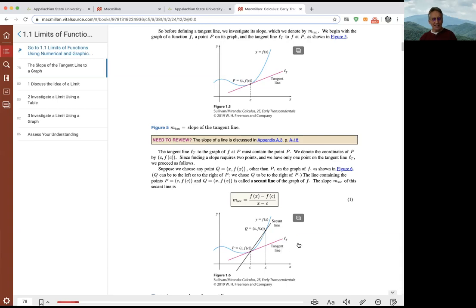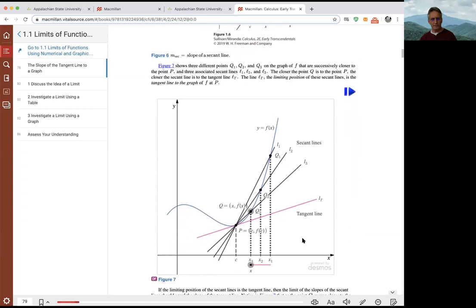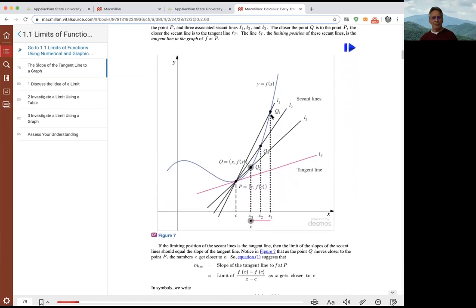And then check this out, the dynamic geometry software is kind of cool here. Here's the idea: if you start up here at x and f of x, then we've got this line, the secant line, whose slope is the change in y over the change in x, f of x minus f of c over x minus c.